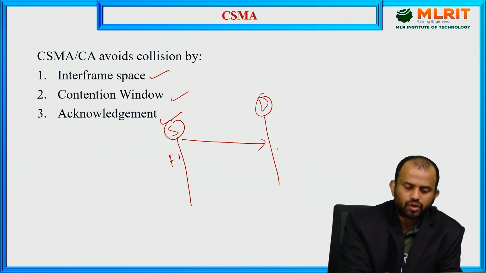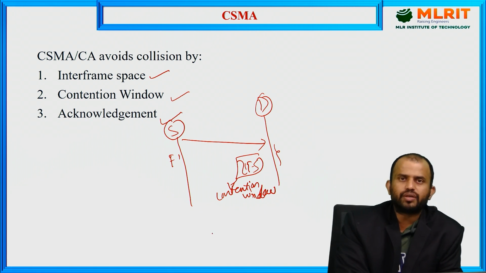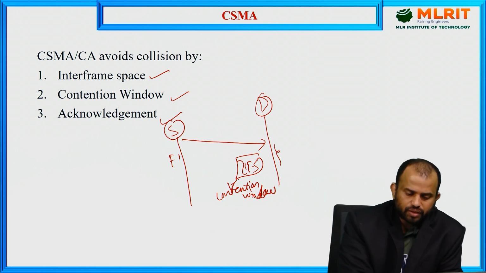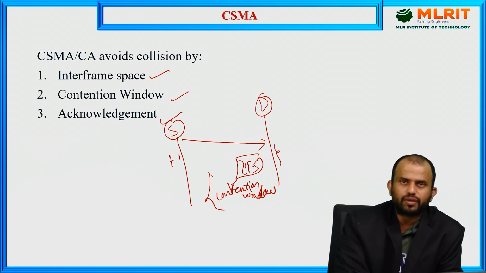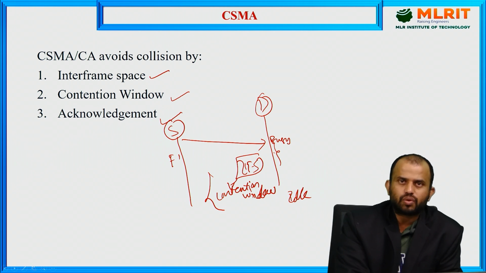If any collision happens, we have to wait some interframe space time based upon the contention window size value. After this amount of time, we check whether the channel is in the idle position. If the channel is in the busy state, a collision happens.